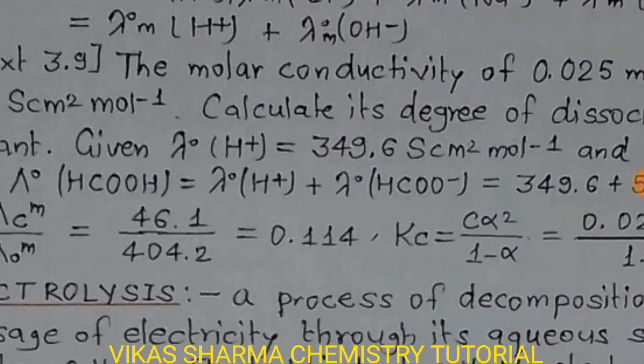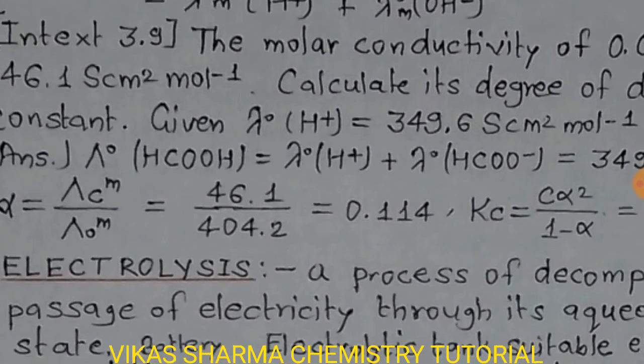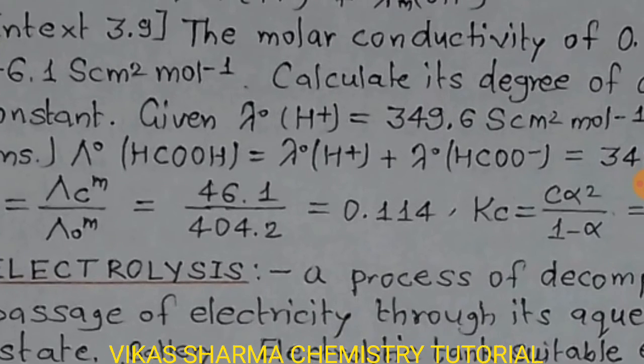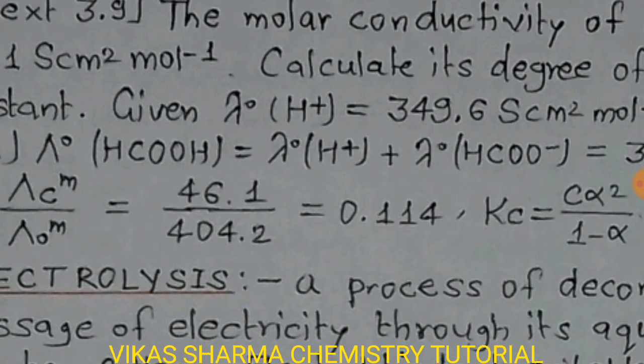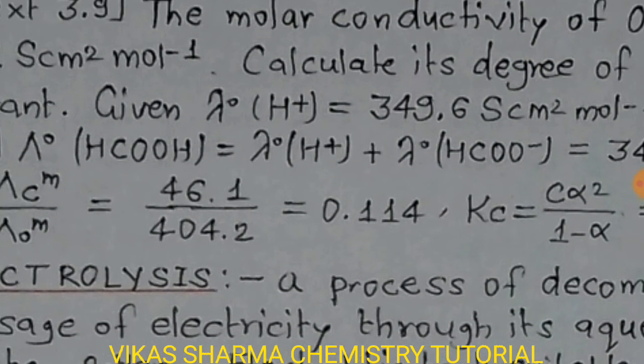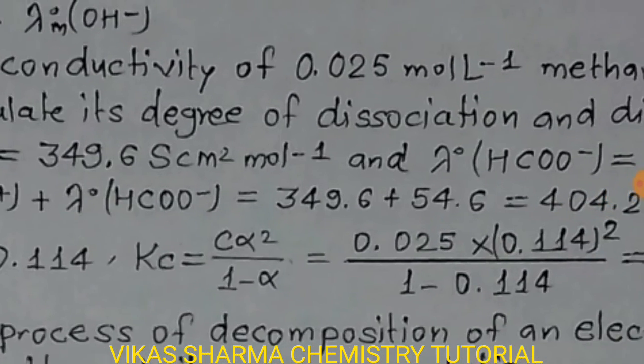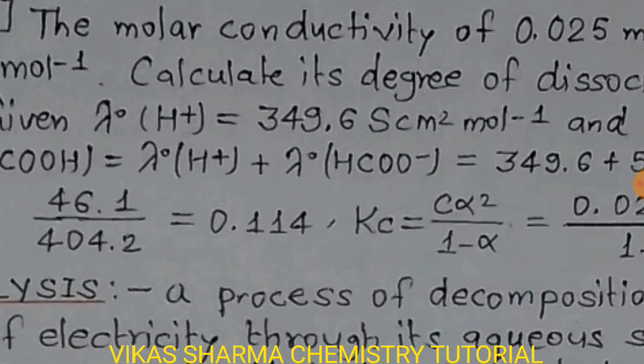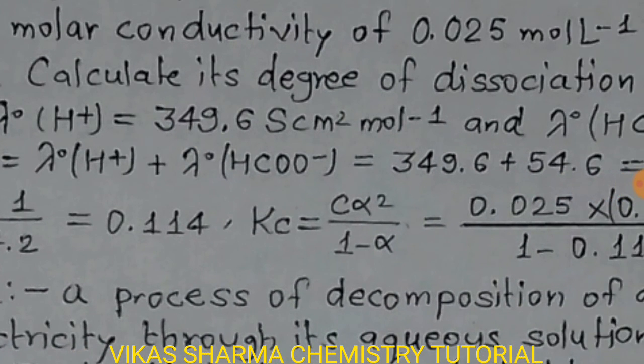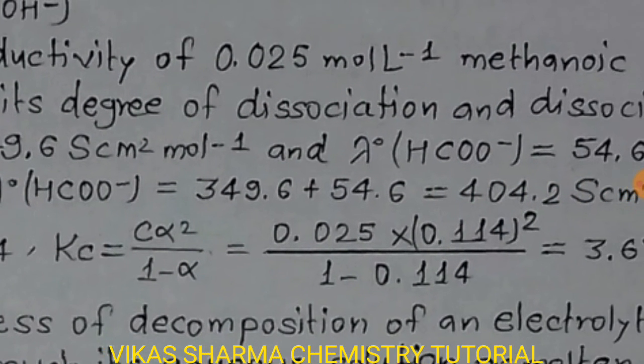So we calculate the degree of dissociation. It is equal to the molar conductance at the concentration, lambda m, 46.1, divided by lambda naught, 404.2. So the answer is 0.114, the degree of dissociation.